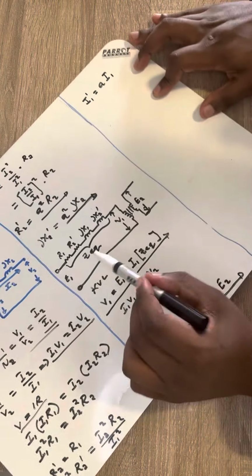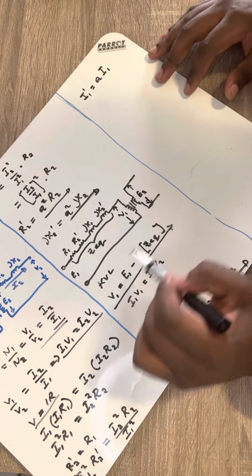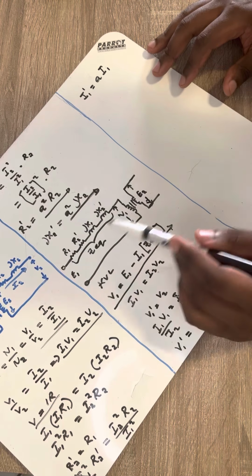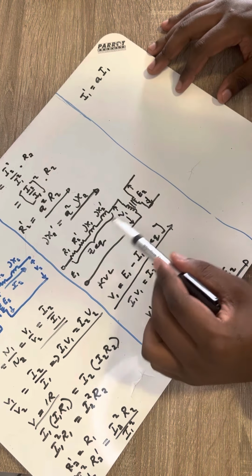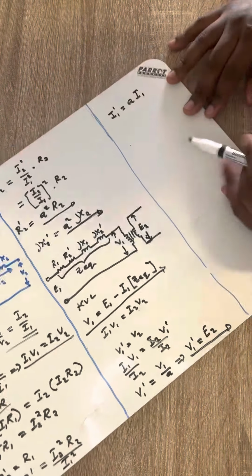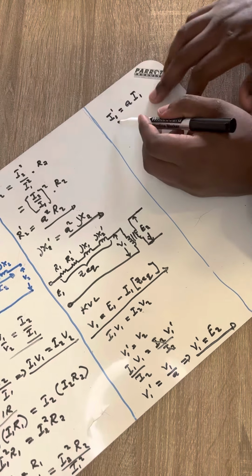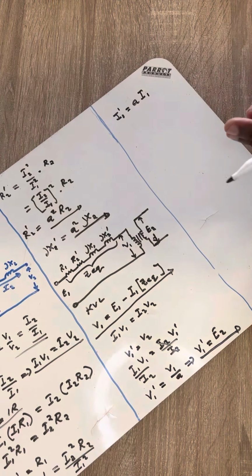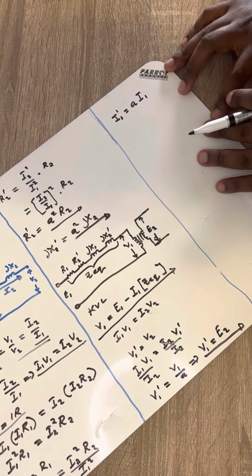Since you were given everything on the primary side, you can calculate everything for the secondary side as well by just referring what you have on the primary side to the secondary side. So if you have the current on the primary side, you can use this formula to refer the primary current to the secondary side of the transformer.